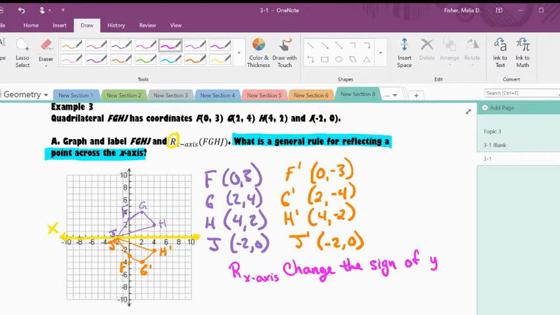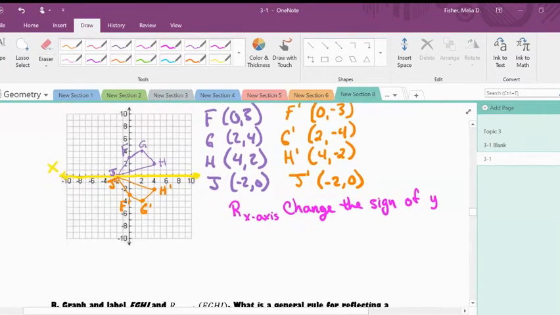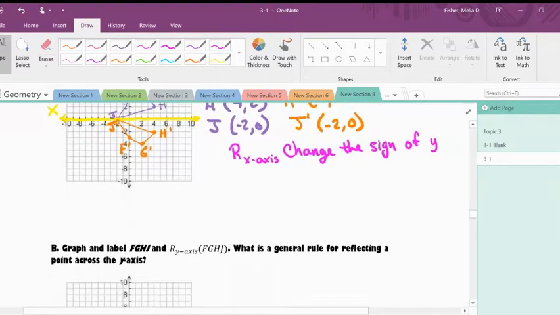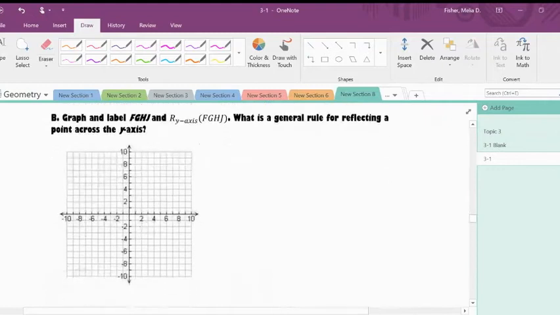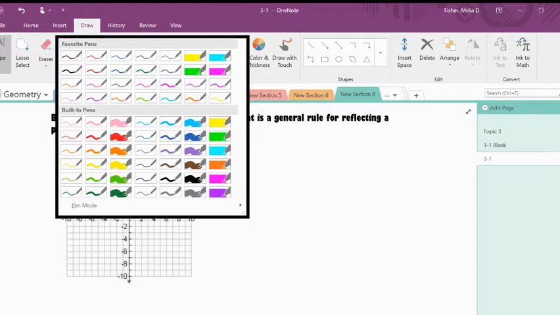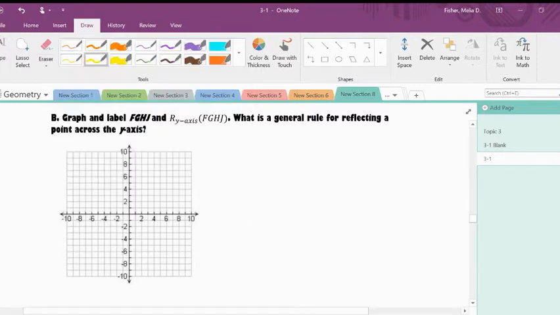Let's go ahead and look at B and see if we can figure out what happens when we reflect across the y-axis. So on the y-axis, we're talking about this line right here being the y-axis.